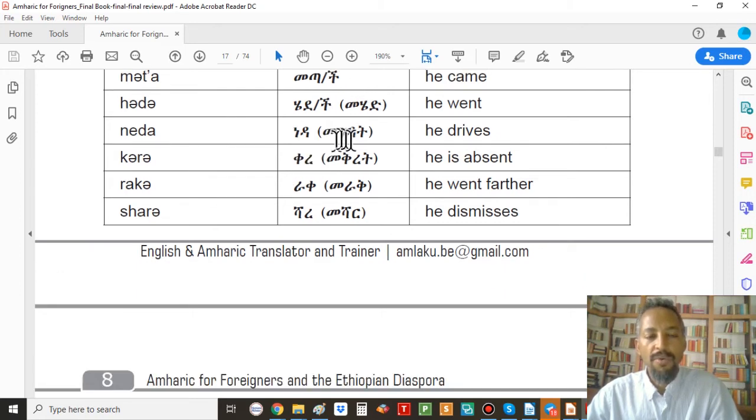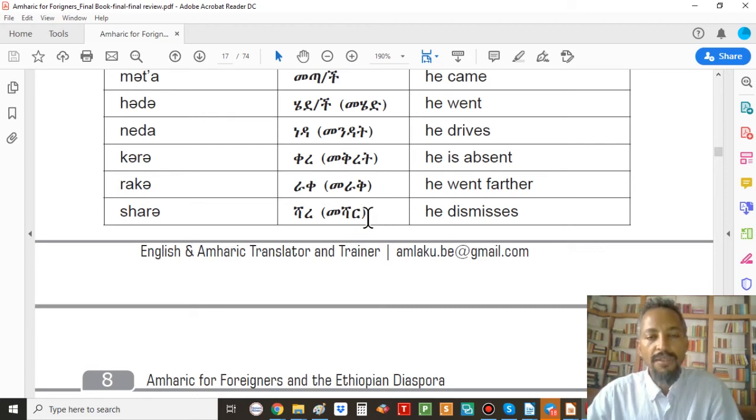In the same way, ቀረ from the verb መቅረት. ራቀ from the verb መራቅ, he went further, or he distanced himself. And ሻረ, he cancelled or dismissed, from the verb መሻር.